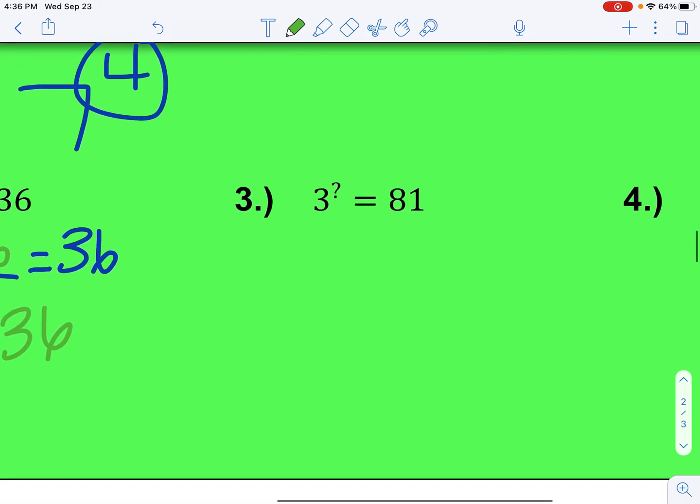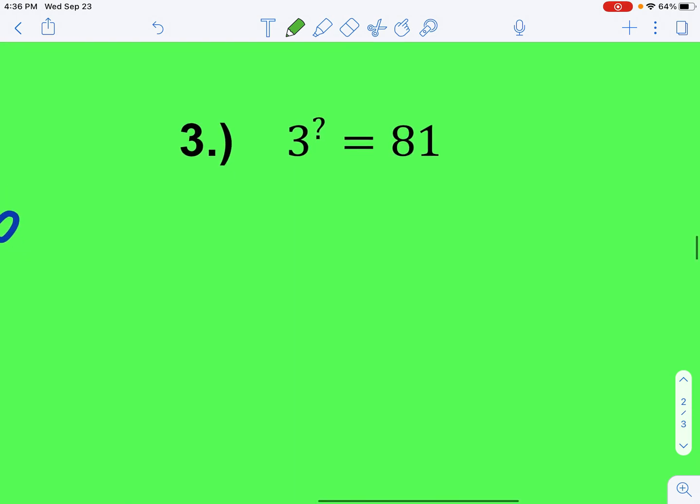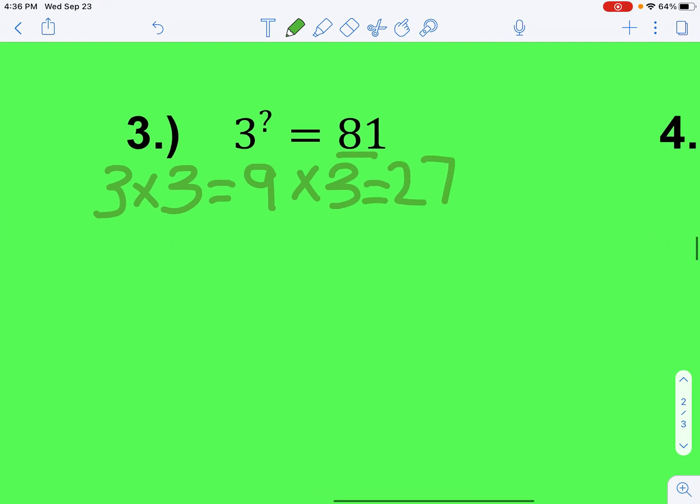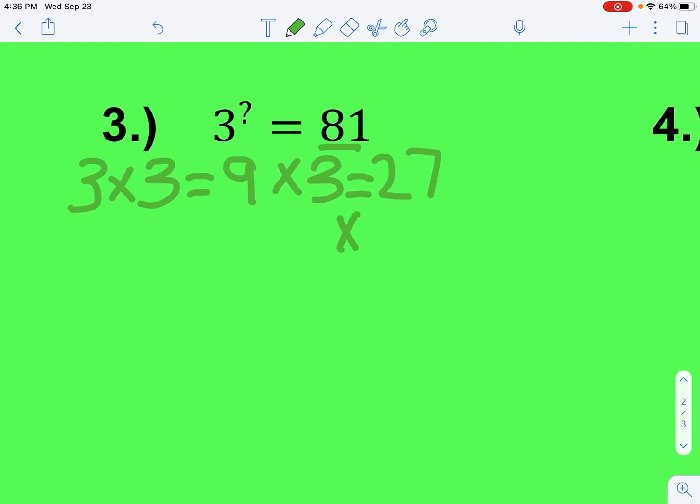Number 3. 3 to the what power gives me 81? That's saying I'm taking 3 times 3, which is 9. That's not 81, so I gotta keep going. 9 times 3 is 27. 27 times 3, 7 times 3 is 21. 3 times 2 is 6, plus 2 is 8.